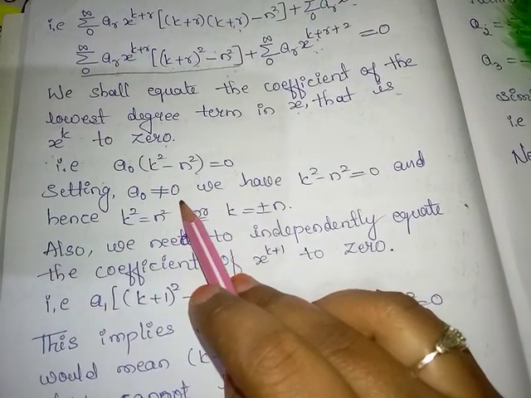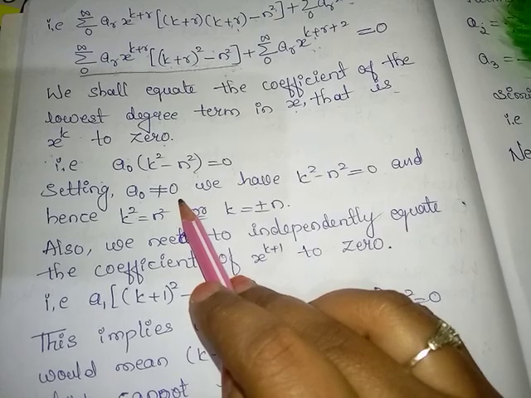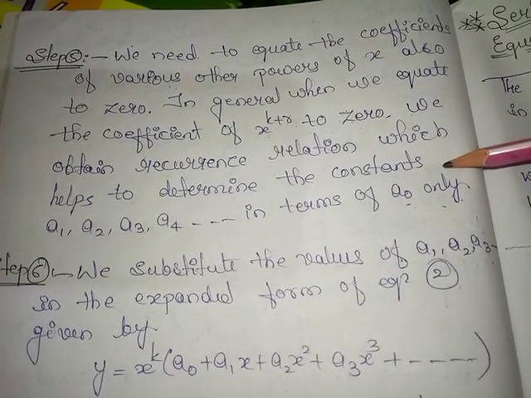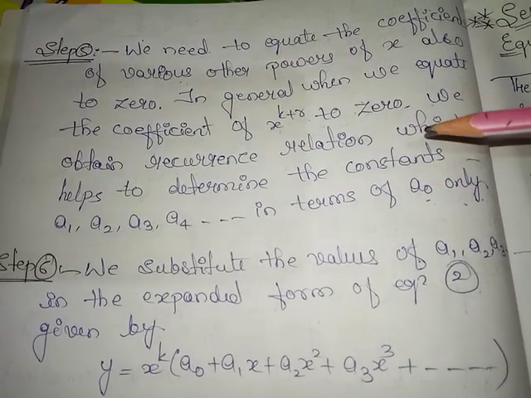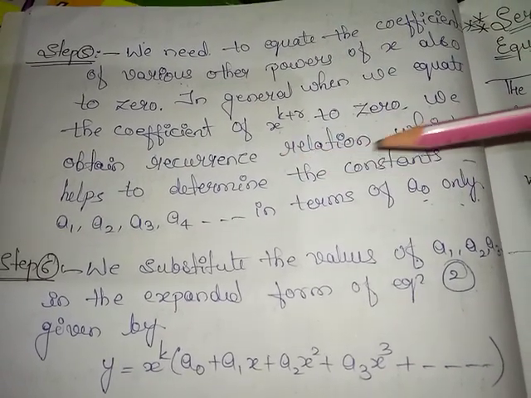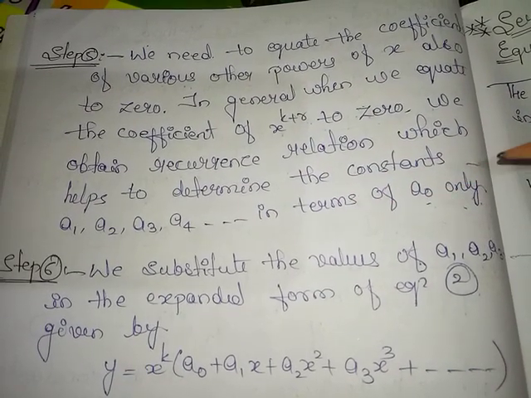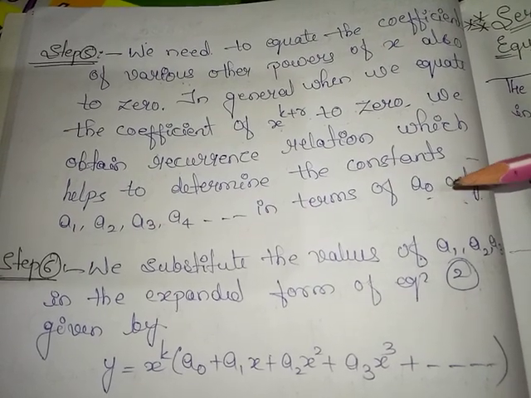Here a naught is not equal to 0 because our solution is in the form of a naught. See the procedure of Frobenius method from step 5. It helps to determine the constants a1, a2, a3, a4 and so on in terms of a naught only. Here the a naught value is not equal to 0.